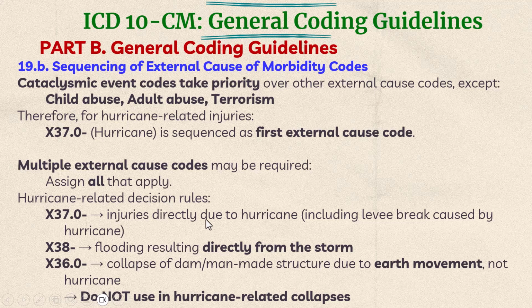X37.0, that is injuries directly due to hurricane, including levee break caused by hurricane. X38 code series for flooding resulting directly from the storm. X36.0, that is collapse of dam or man-made structure due to earth movement, not due to hurricane. So do not use this X36 for hurricane related collapses.